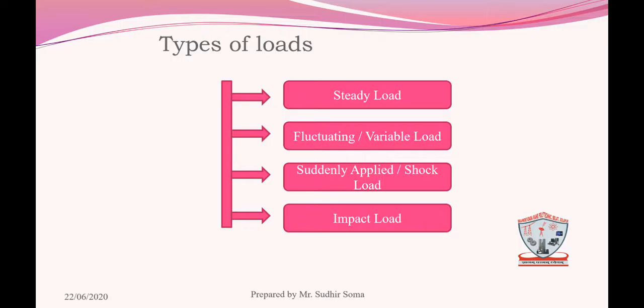So what is meant by impact load? The instantaneous arrest of a falling mass or shock load meeting two mating parts. For example, blows of a hammer, impact of punching machine operation.